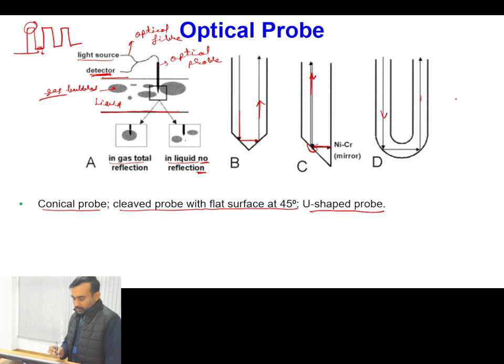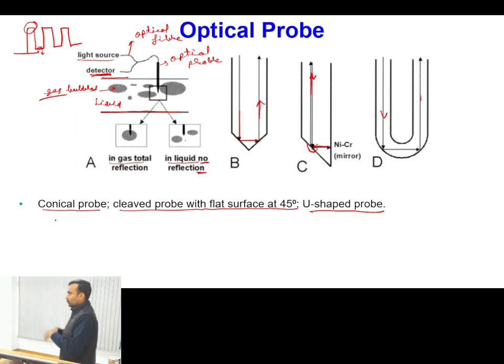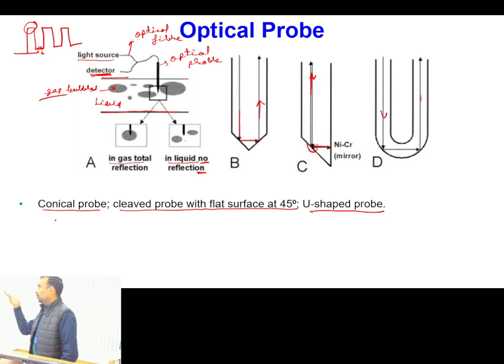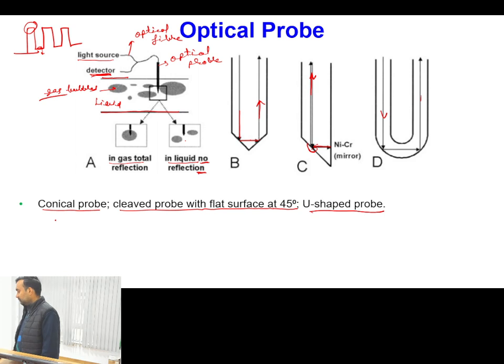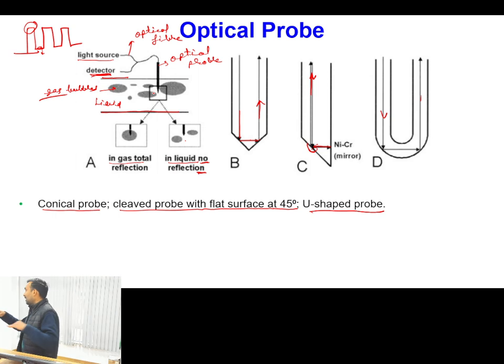Now, can you tell me what should be the size of this probe? Needle. Yes. So will there be any limitation on the size of the probe? Can I make it a tube of some centimeters in size? Ultimately, whenever we are using the optical probe, we are putting it within the flow. So it means we are providing some restriction to the path of the fluid across the probe.